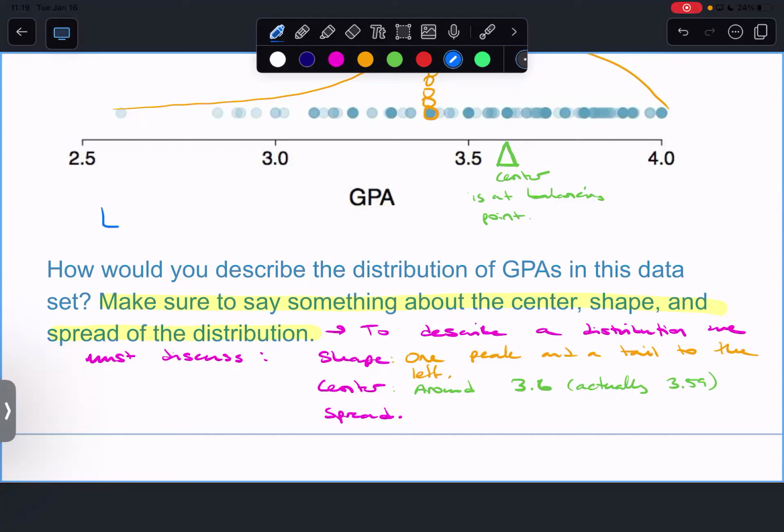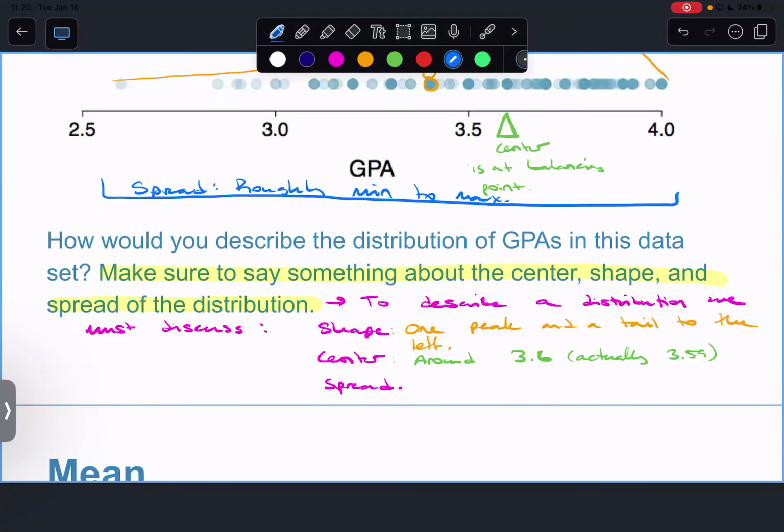For the spread, same deal. You really just want to talk about kind of a minimum to a maximum value. What are some reasonable values? Some of them are more extreme than the others, but in general, what kind of range am I talking about here? So for the spread, it's roughly from the minimum to the maximum. In this case, the spread is between 2.5 and 4.0.